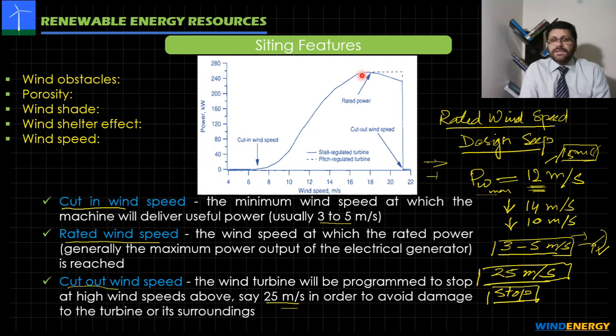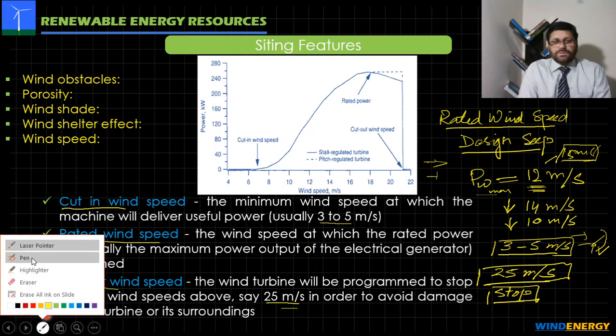At 18 meter per second, the wind turbine is producing the maximum power output in kilowatts. Once the speed is lower, the power output is also decreasing. Once the wind speed is increasing from this 18 meter per second, again the power output is decreasing.